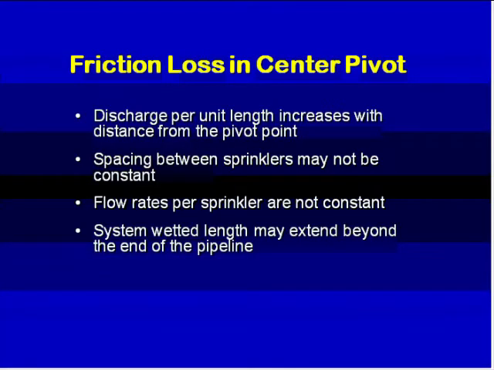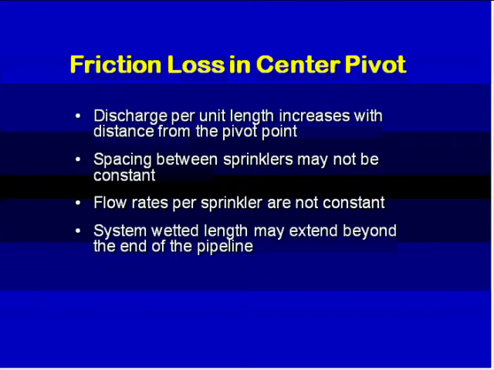So let's look at the friction loss in the center pivot, and this is different than the pipeline. The reason is that the discharge per unit length increases with distance from the pivot point due to the fact that we are irrigating more area on the outside of the system than we are towards the center or center pivot point.